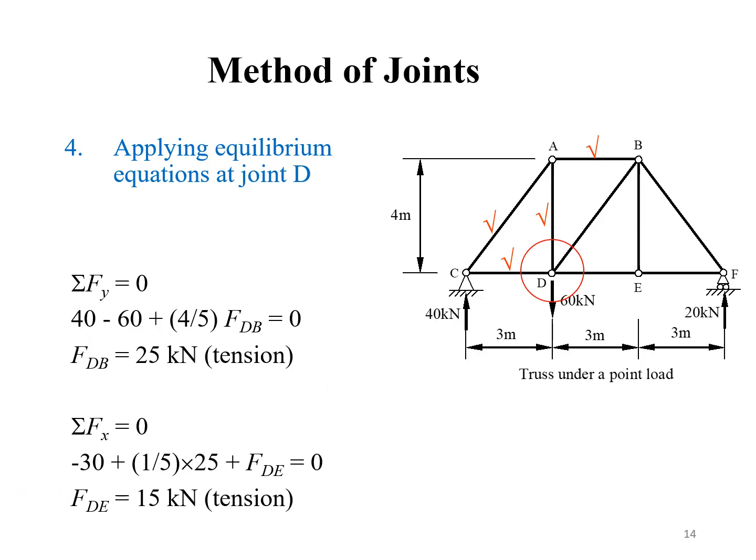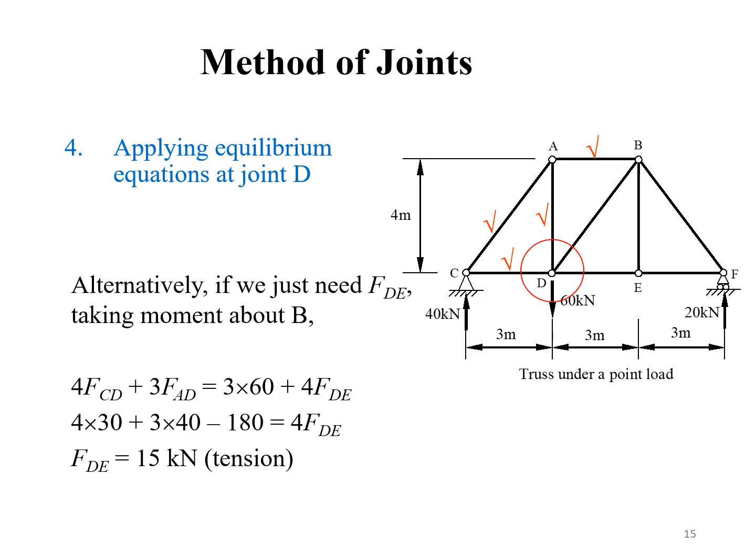For joint D, we can start by considering equilibrium of the vertical forces, which allows us to calculate the force FBD. And then we can consider equilibrium of the horizontal forces to calculate FDE. Alternatively, if we just need FDE, taking a moment about B, we can get FDE from the equilibrium.